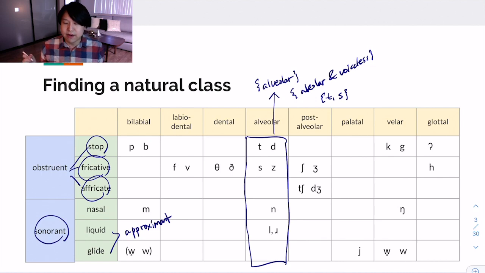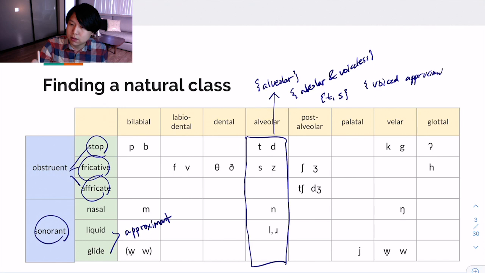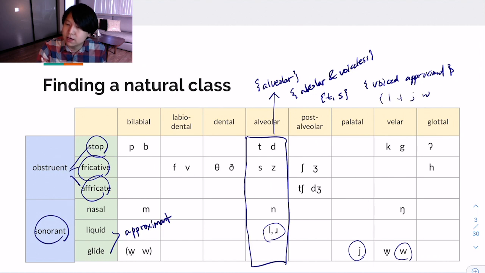So, for example, if I say find a natural class of voiced approximant in English, how many are there? There's L and R, too, yod, like the ya sound in palatal place, and there's the wa sound in velar. So the voiced approximant natural class in English consists of L, R, ya, and wa. So four of them. This is the natural class for voiced approximant in English.